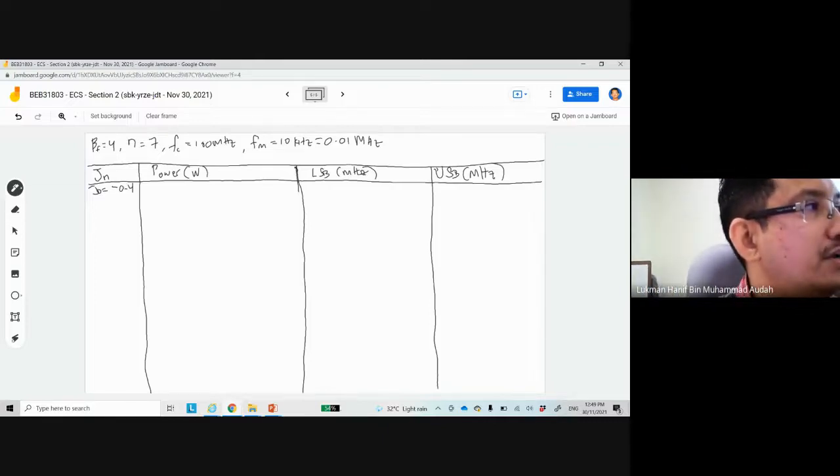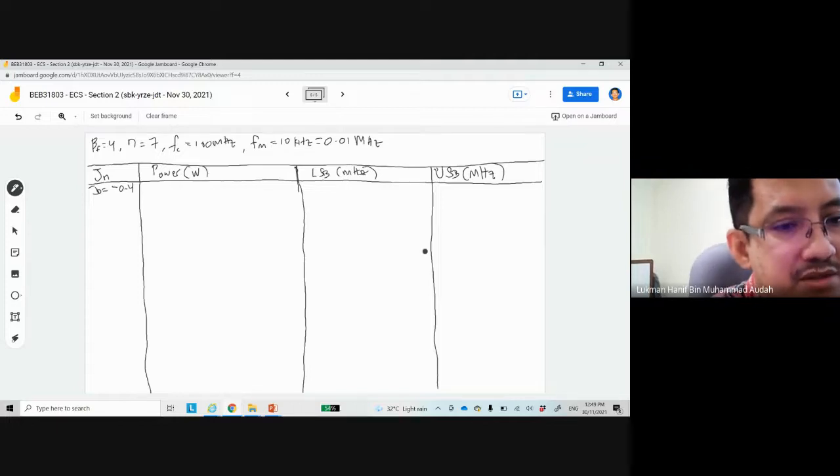Perhatikan 0.4. So therefore, when I want to calculate P0, this is equal to J0 square PC. So this is equal to minus 0.4 square PC.